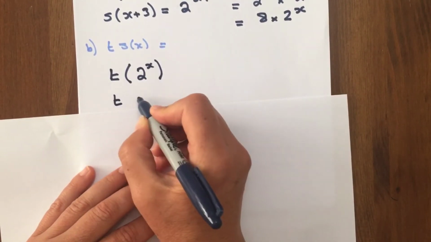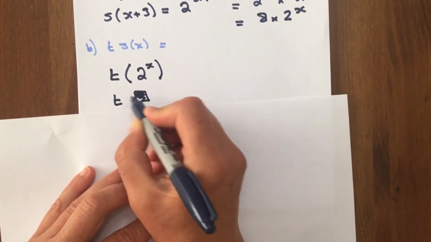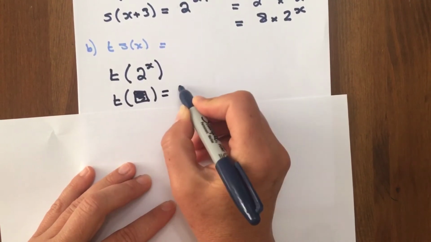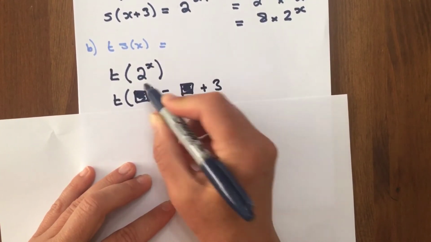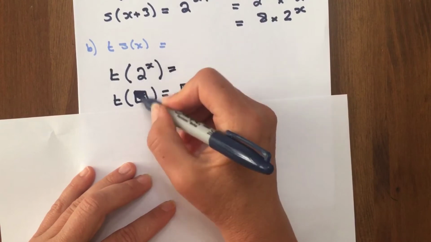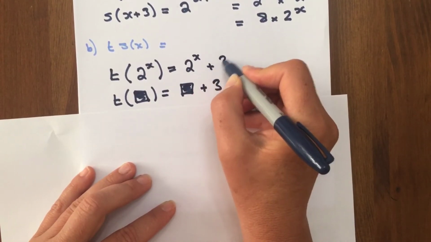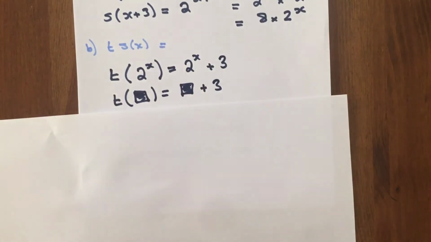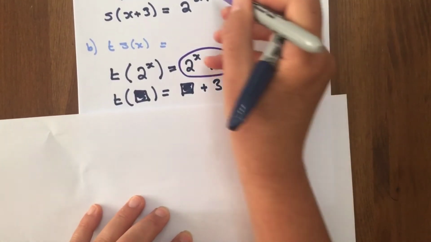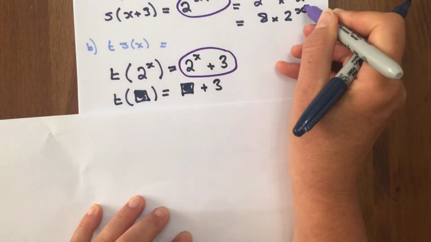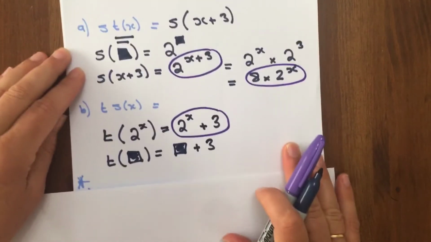T maps whatever's going in to T, whatever's in the box, it says it's the box, add 3. So in this case, our box is 2 to the X, add 3. And that is your answer. Okay, so those are our 3 answers to begin with.